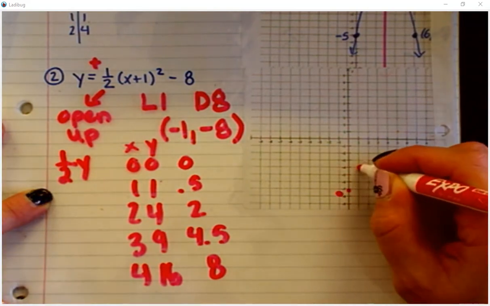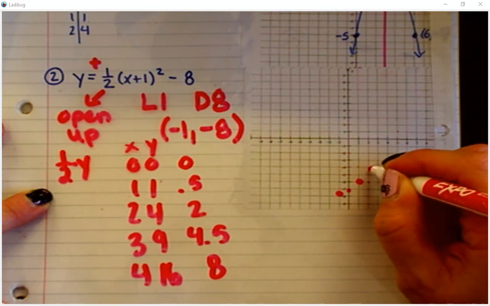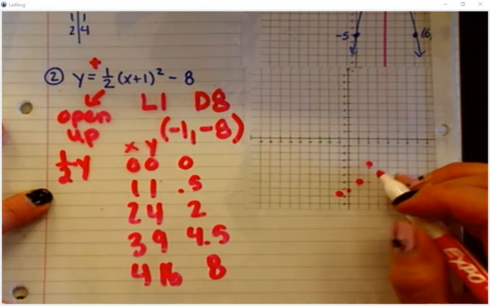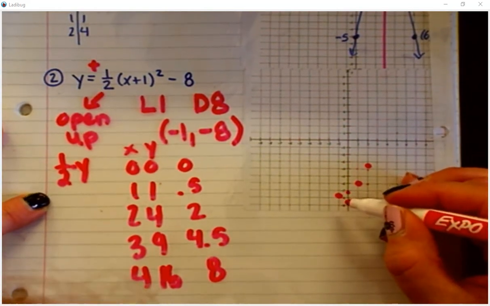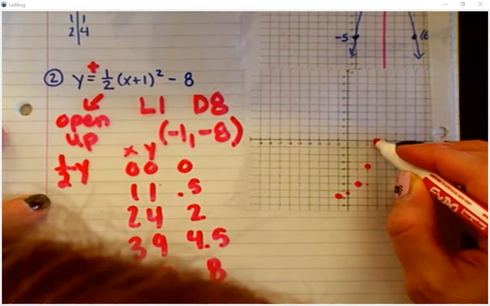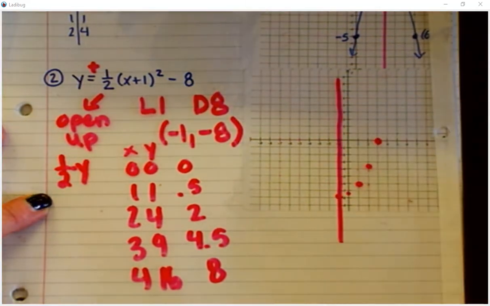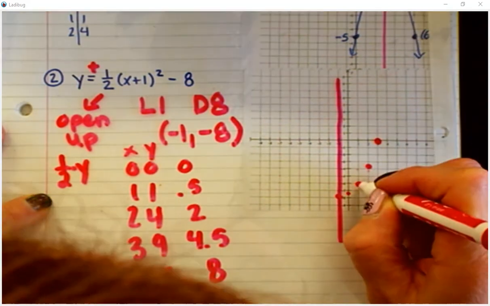Over 2, up 2. Over 3, up 2 and a half. Okay? Over 4, up 8. Okay, then I have my symmetry and I reflect it.